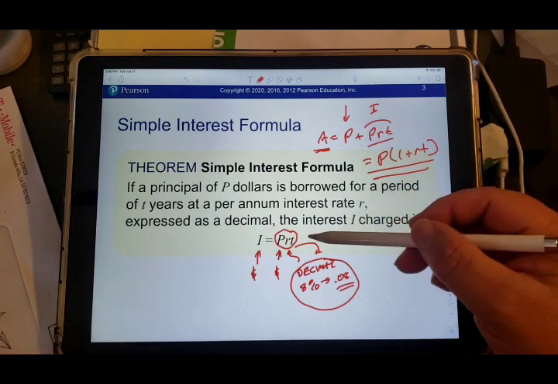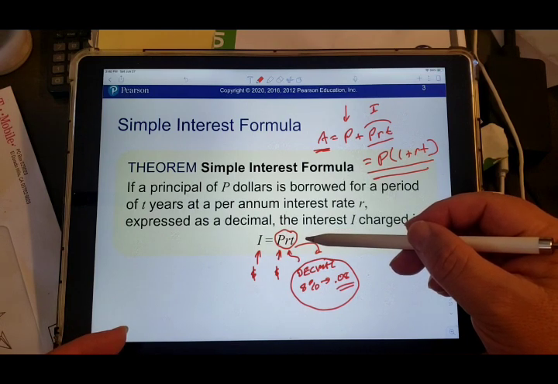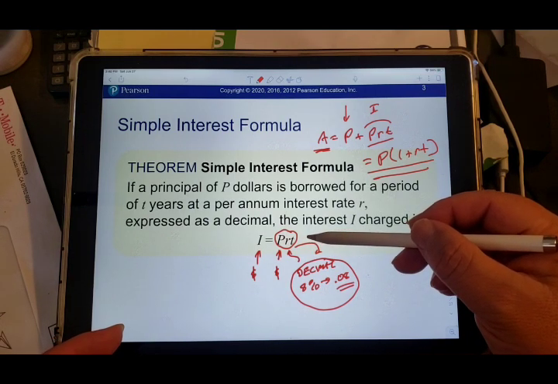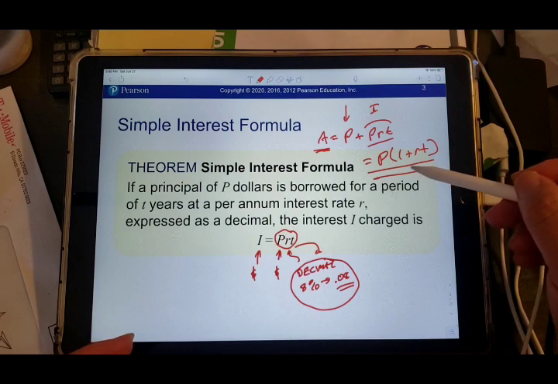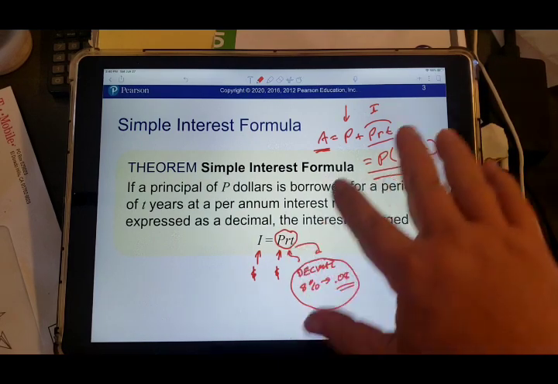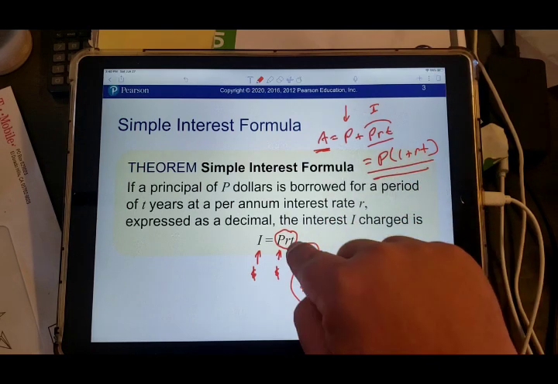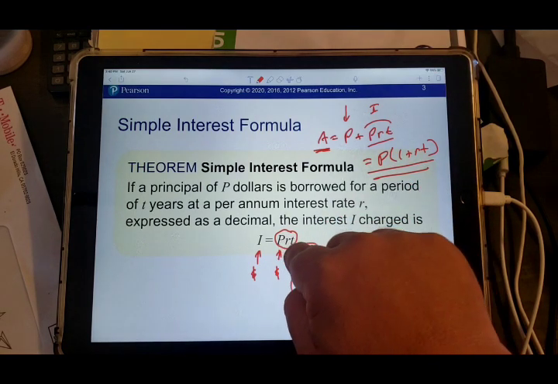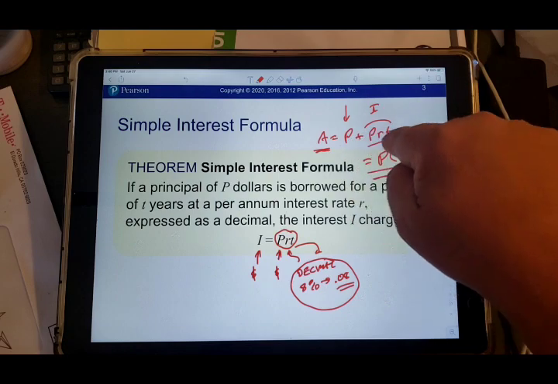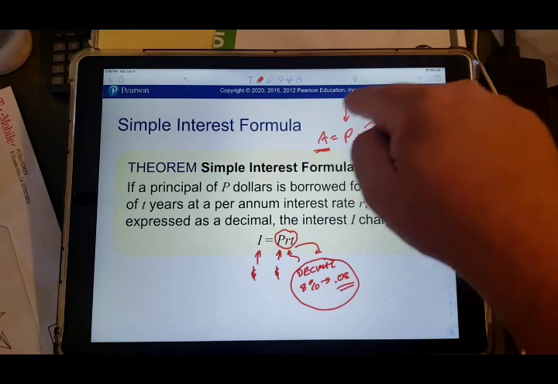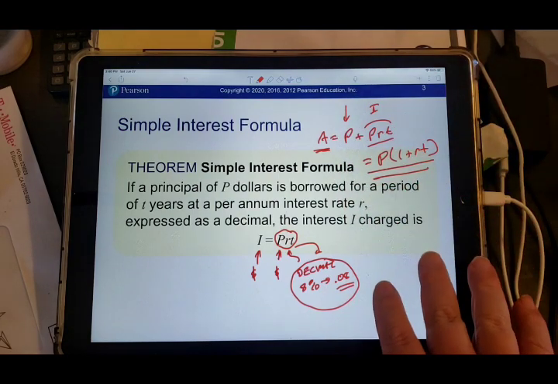And I think they do it because they just want the formula to be simple, even though this would be the simplest formula in the book as well. But either formula gets you the answer. If they ask you how much money you made, that's the answer. If they ask you how much money you have, don't forget to add the initial amount you put in. All right.